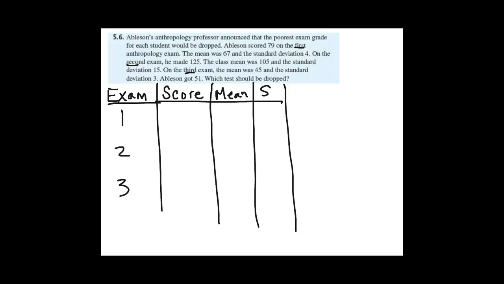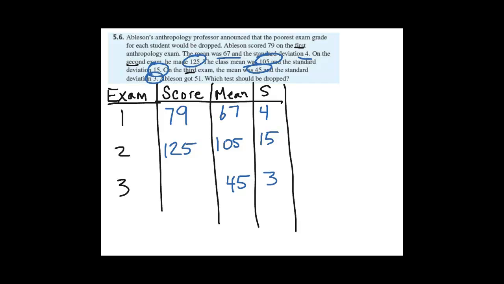On the first exam, Abelson scored a 79, and the mean was 67, and a standard deviation of 4. On the second exam, he made a 125, the class mean was 105, and the standard deviation was 15. And then on the third exam, the mean was 45. Oops, 45. Be careful that you put the data in the right place. Standard deviation of 3, and Abelson got a 51.